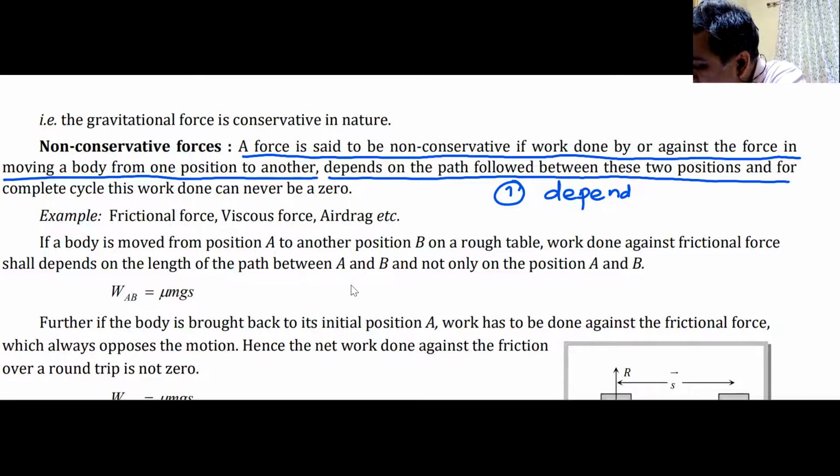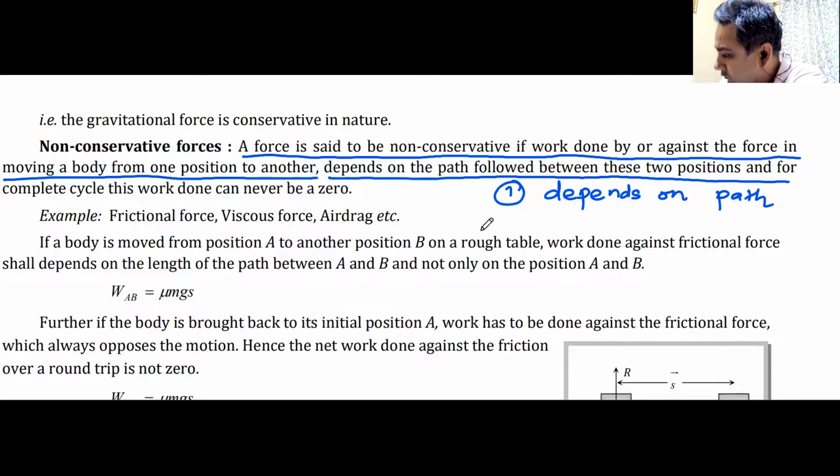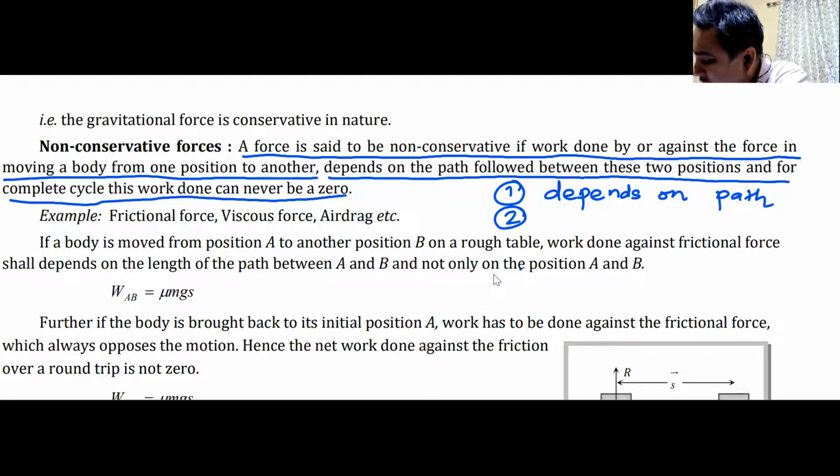What is point number two? The first point is that it depends on the path. Point number two, on a complete cycle, this work done can never be 0.